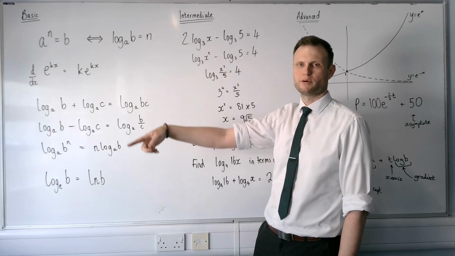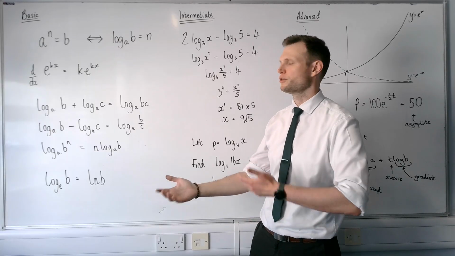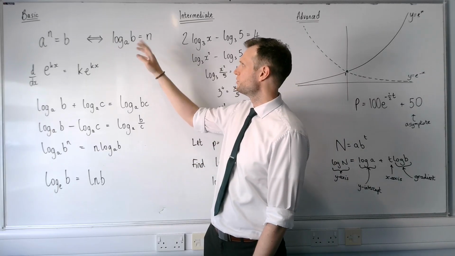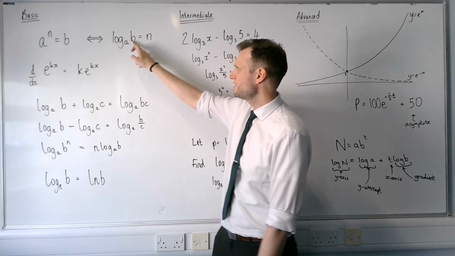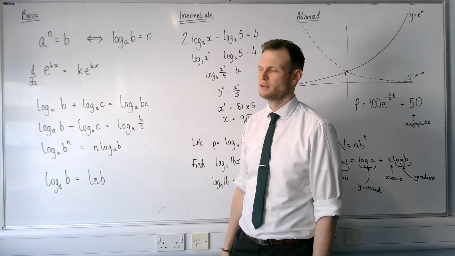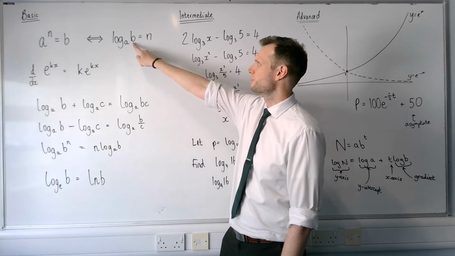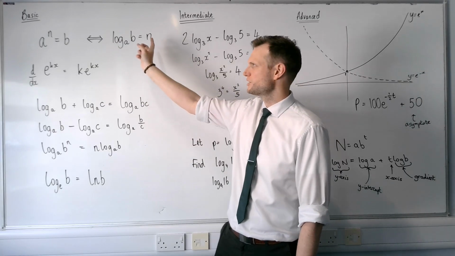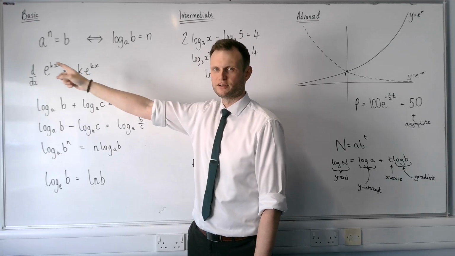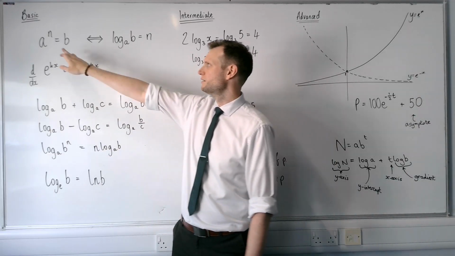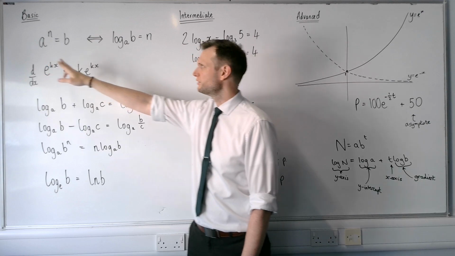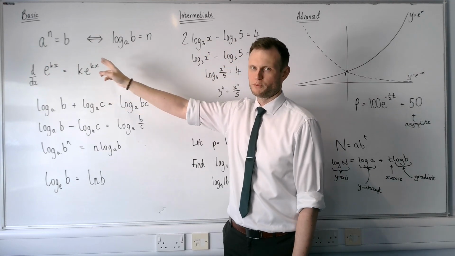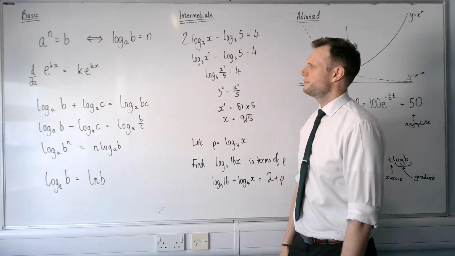So being able to do that in both directions is very useful depending on what you know. Do you know n, or do you know b? You should have the base. But you'll either not know b or you'll not know n, and whichever form is better for finding out that solution. So if you don't know b, this is the form you want it in. If you don't know n, this is the form you want it in.